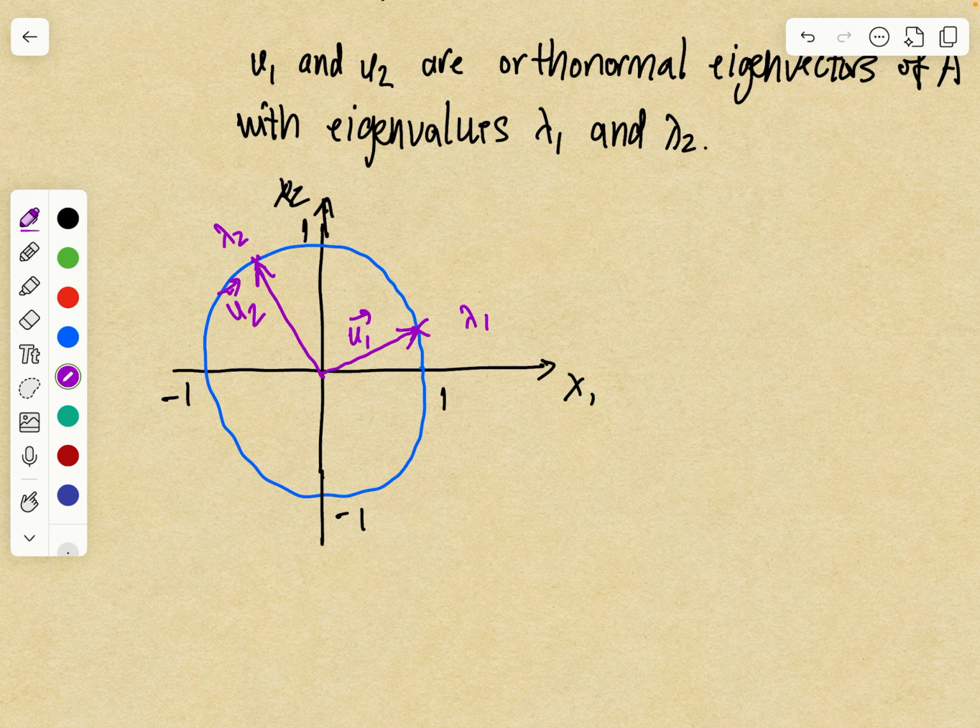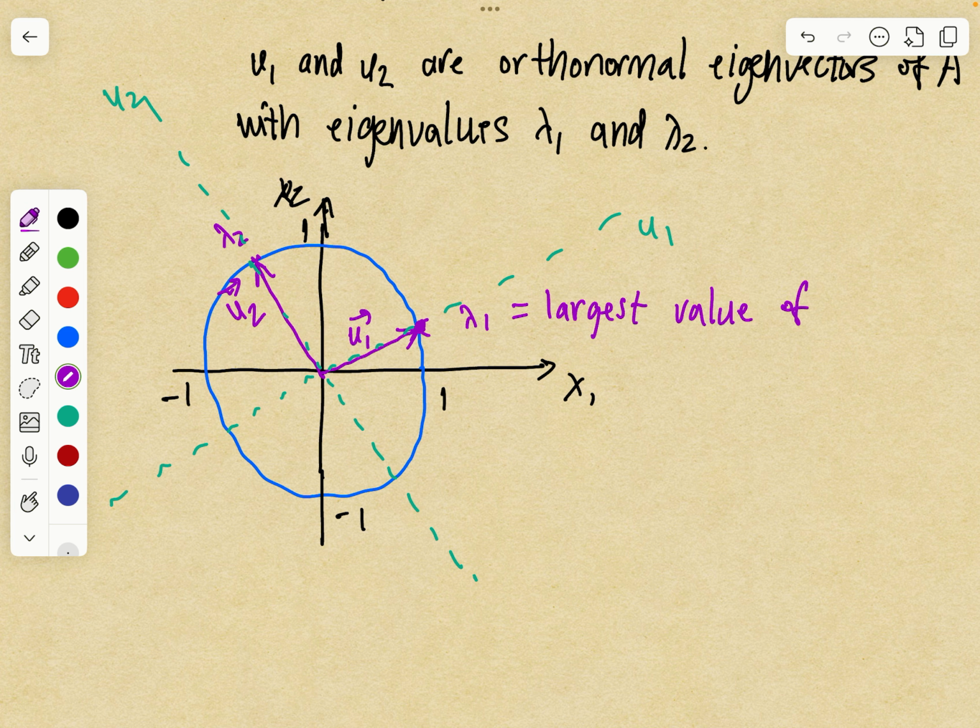So if you imagine two axes like this, and these are perpendicular to each other, if you think of new axes like this, the u1 axis and u2 axis, when you plug in the value u1 equals 1, u2 equals 0, you get the value lambda 1, and that's the largest value of the quadratic form on the unit circle.